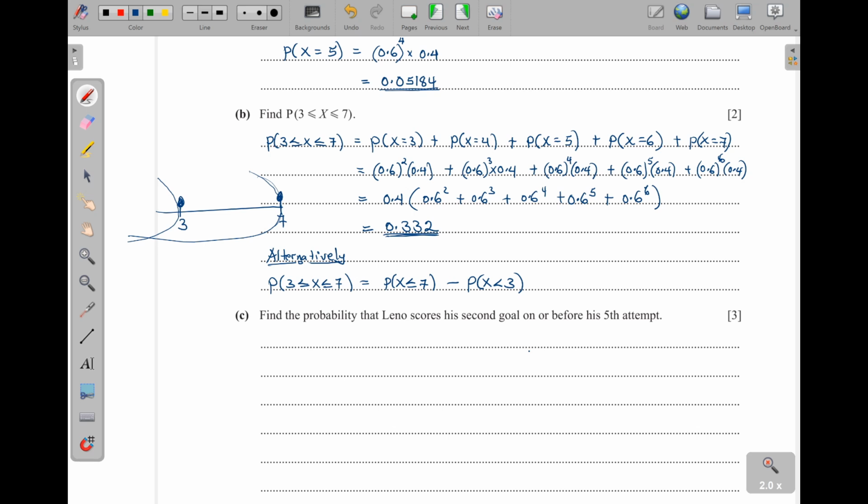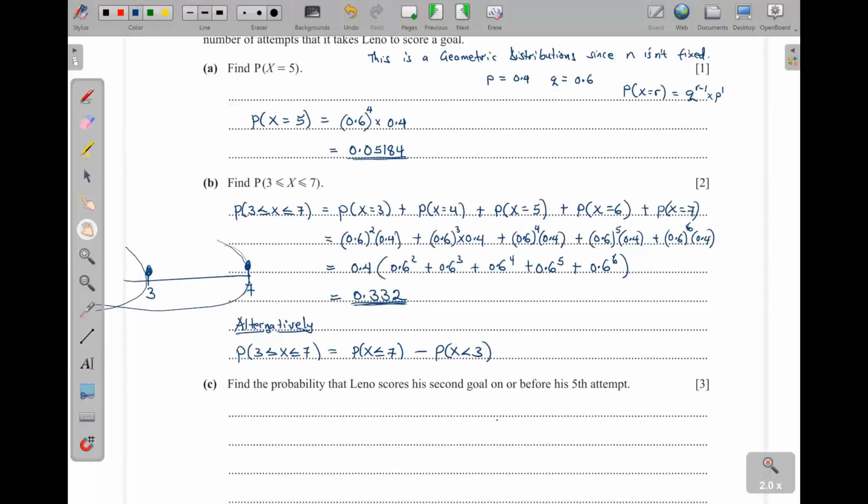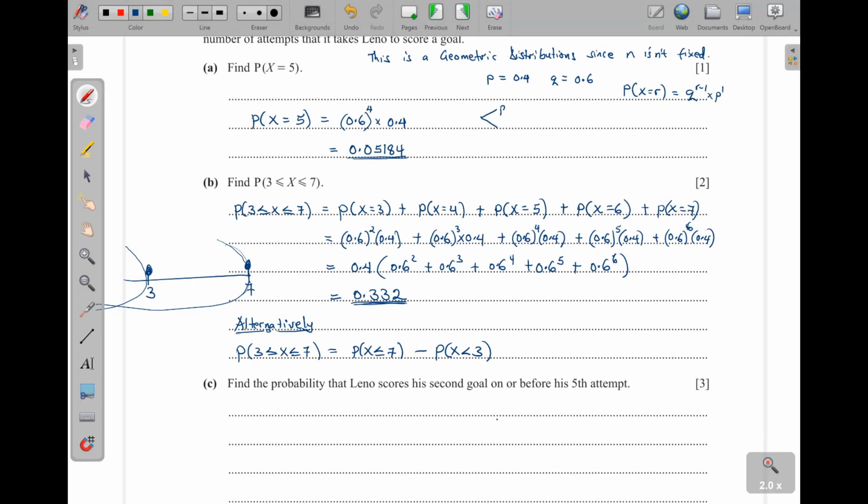Now I can draw my tree diagram for the geometric distribution. I can have a success, then if I fail, I continue.